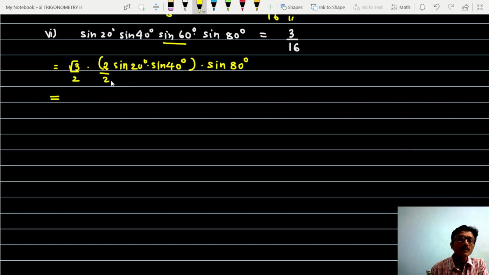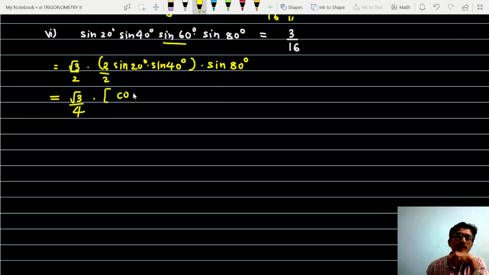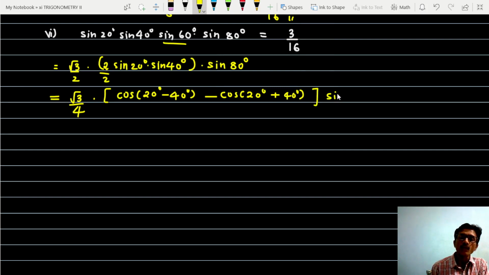This is equal to, ये 2 और ये 2 4, √3/4 आएगा यहाँ पे, and 2 sin A sin B, see here 2 sin A sin B is equal to cos of A minus B, मतलब cos of 20 minus 40, that is A minus B, minus cos of A plus B, which is 20 plus 40, and whole bracket into sin of 80 degree.